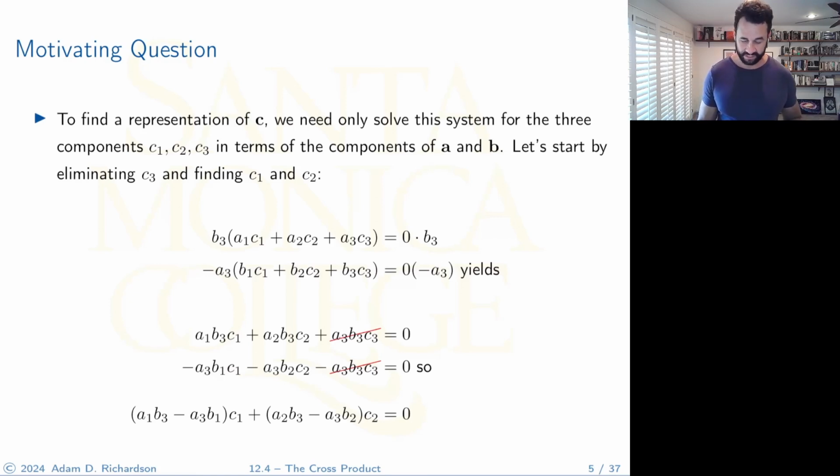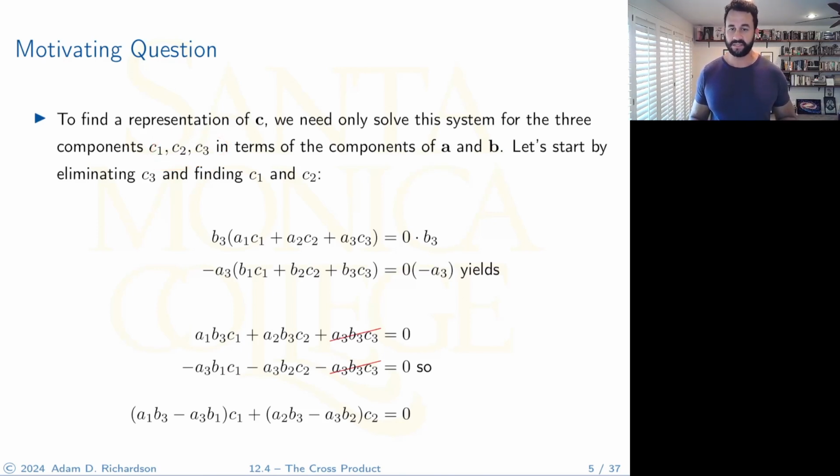We just need to solve this system for our three components, C1, C2, and C3, in terms of the components of A and B. And that's okay, because what we really want is to put two vectors into this operator and get out a vector that's orthogonal to both of them. So it's okay if these results are in terms of A and B. That's actually what we want.